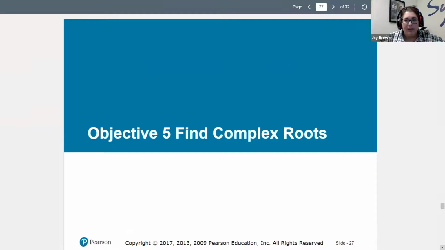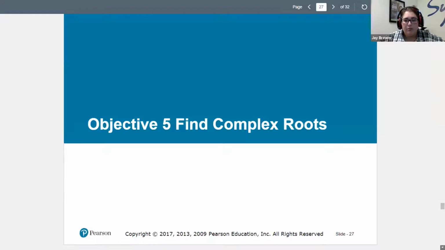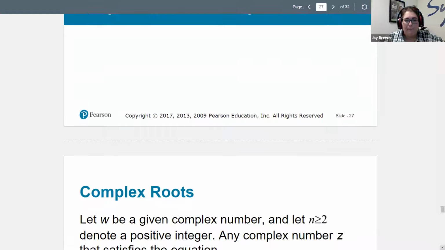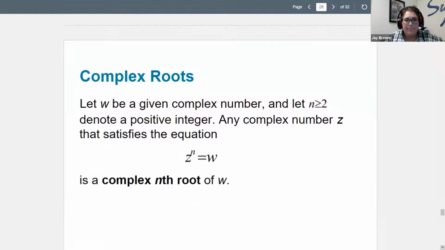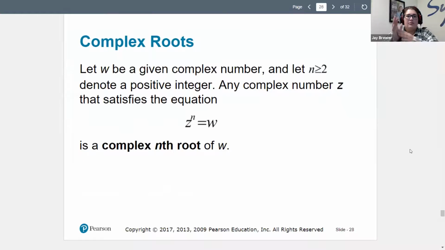All right, objective 5 is finding complex roots. So we're going to let w be a given complex number, and then we're going to let n greater than or equal to 2 denote a positive integer.